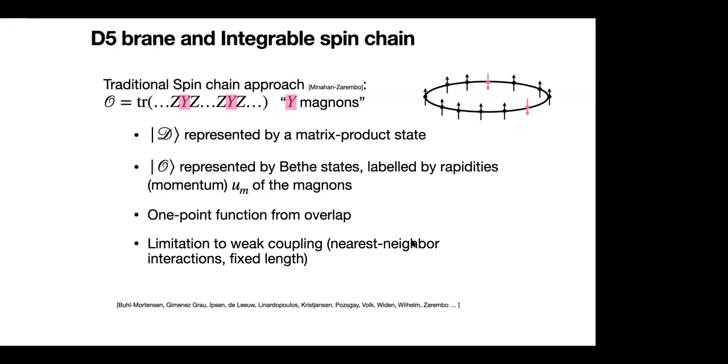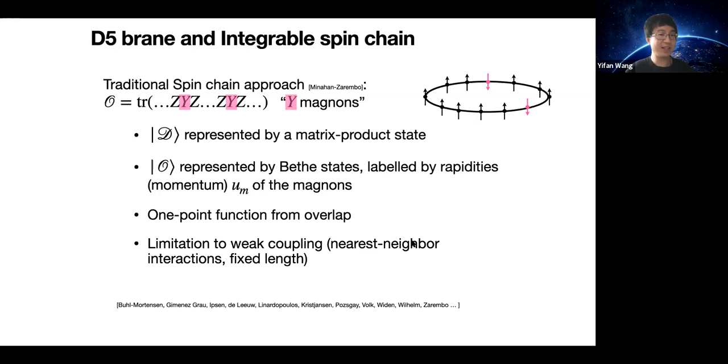Yifan, I don't quite understand how the defect is given by a state in this. I thought this is some local operator, right? Now what does it mean that D is represented by a matrix product state in this spin chain? Yeah, so this defect is represented by a matrix product state on the spin chain. But it's a very different state from the kind of states that correspond to single trace operators.